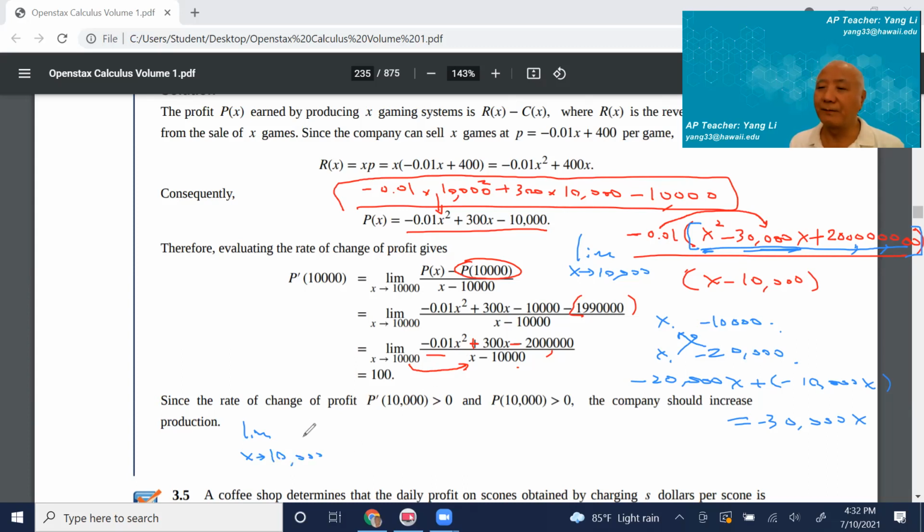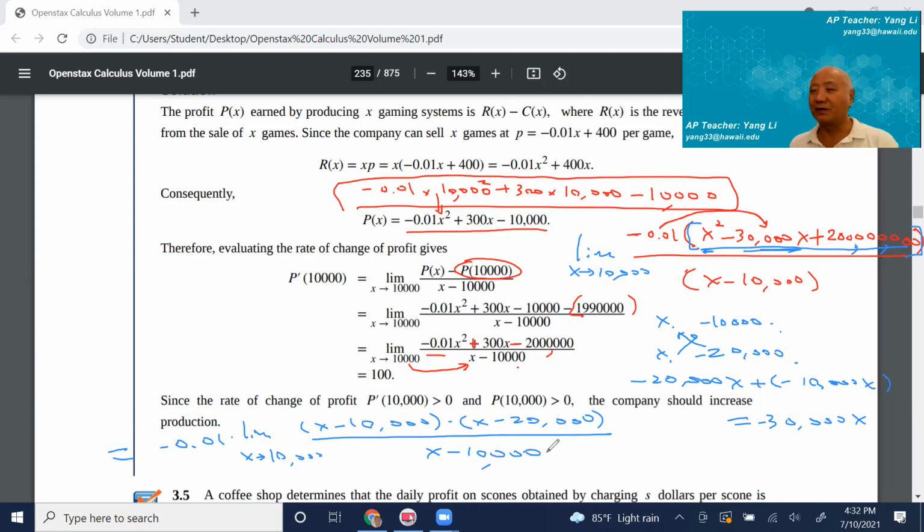And then you're going to have, of course, negative 0.01, I still leave it there, okay? Of course, you can put this in front, no problem with that, right? The constant coefficient, you can put it outside, it's fine, negative 0.01 times, right? And then the limit here is x minus 10,000 times x minus 20,000, divided by x minus 10,000.